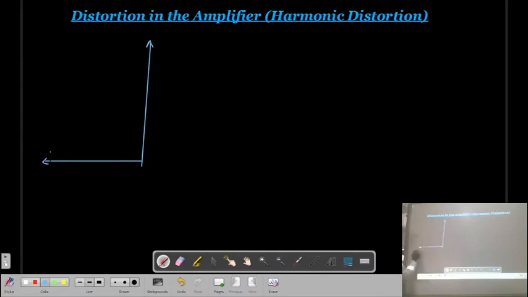Here on the x-axis, I am taking the input voltage. That is my input parameter, and we write this as VI or VA.